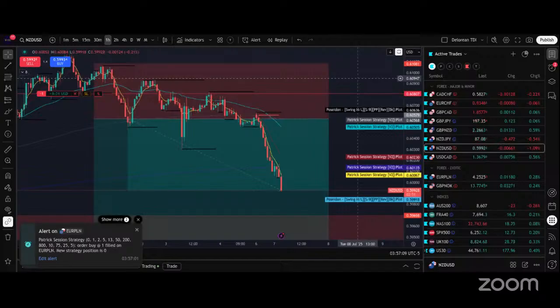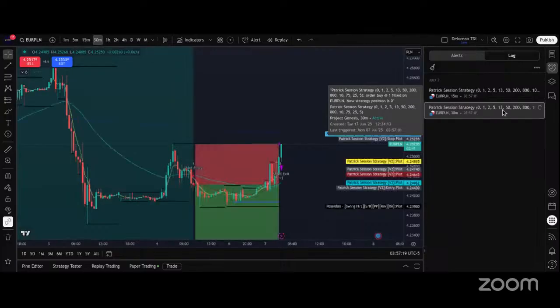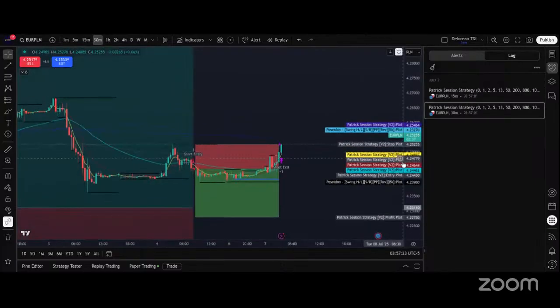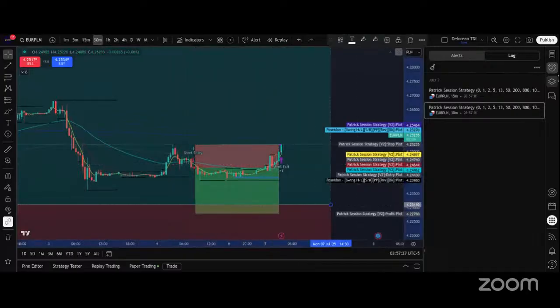All right. Looks like we may have hit something on Euro PLN. Nope, it's invalidation of a previous trade. We are buying, not selling. So that's fine on the 30-minute.